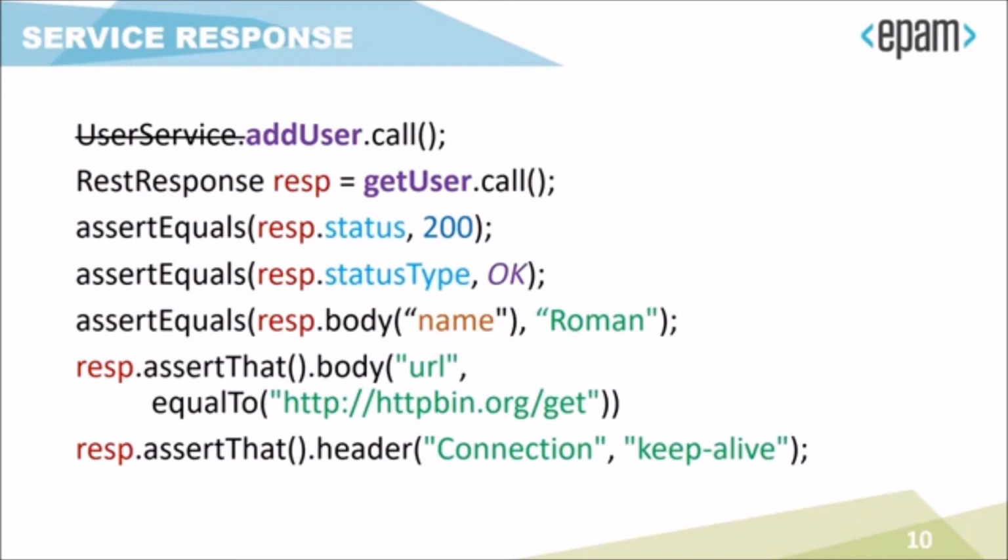This is one more example related to response. You can also validate status code types. You can validate body, and you can see that this line, like body equal to, is pretty similar to things that we have in REST Assured, if you are familiar with it.